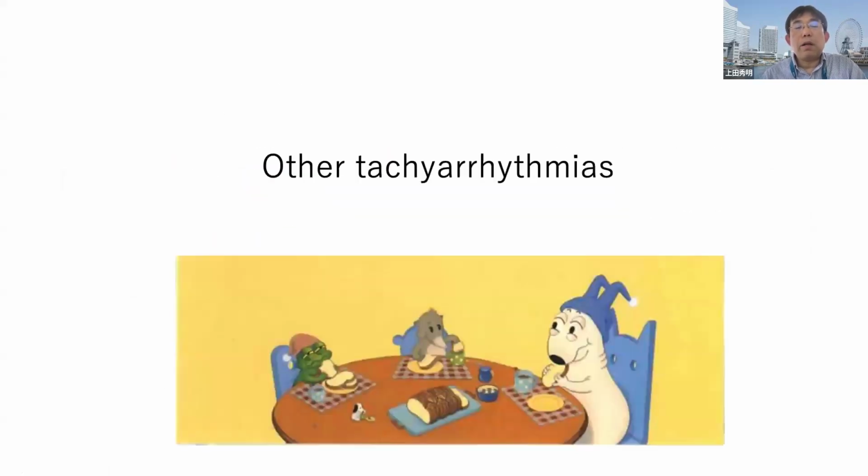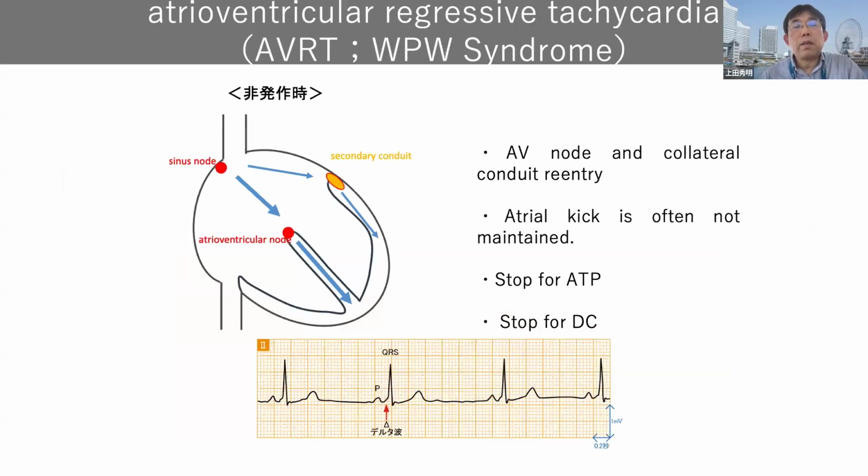So how about the other types of tachyarrhythmias? Atrioventricular reentrant tachycardia, we call them AVRT, so-called WPW syndrome, is a candidate for ablation catheter treatment if the patient has recurrent attacks. Atrial cases are often non-maintained, so the majority of patients might have their blood pressure drop.